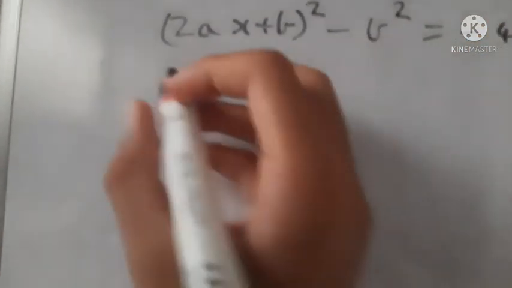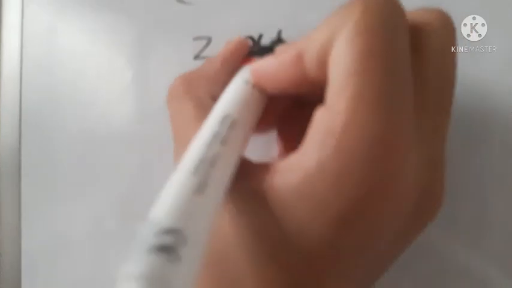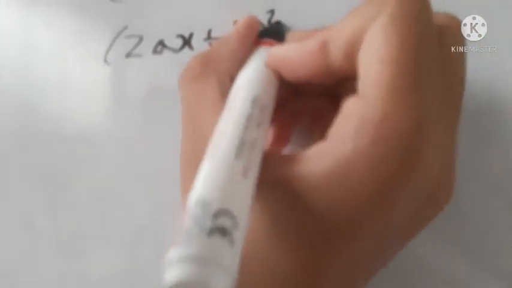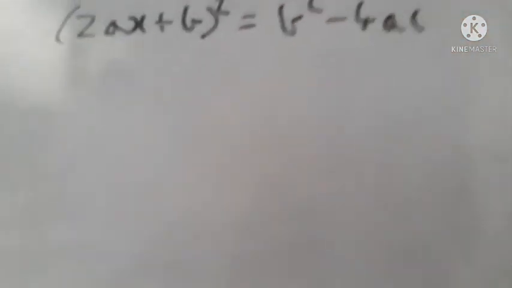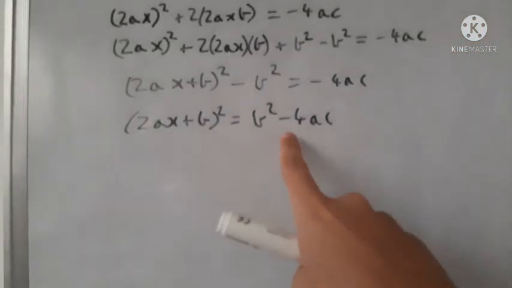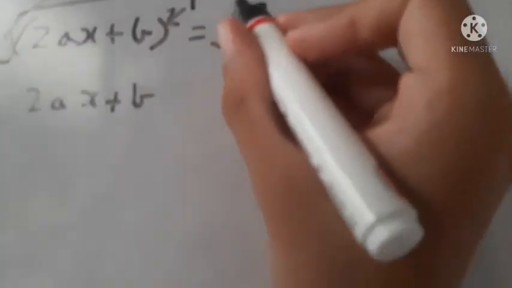Good enough. Let's move this to the right hand side, and I think it should be familiar enough to you where I'm going with this. We've got the discriminant. Let's take the square root of both sides, so we get 2ax plus b, and the square and the square root cancel out, and here we have a plus or minus square root of b squared minus 4ac, which cannot be simplified.